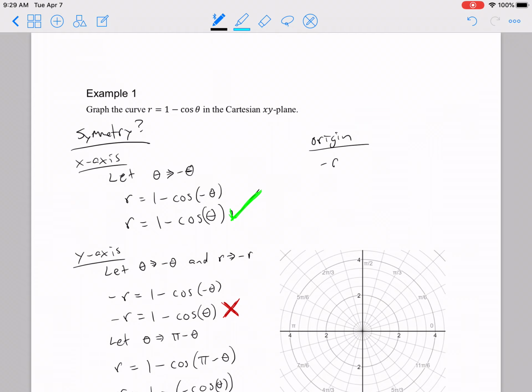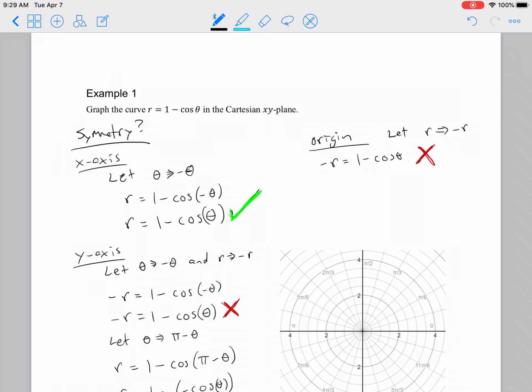We're going to make this negative r equals 1 minus cosine theta, because we let r become negative r. And here you can see that's not going to work. That's not going to be the same. Even if we divide both sides by negative 1, we'll have negative 1 plus cosine theta equals r. So this one, failure. We do not have symmetry about the origin. So we only have symmetry about the x-axis.